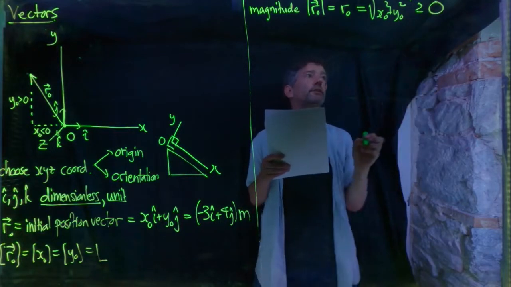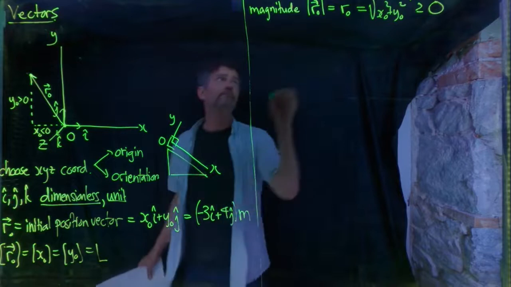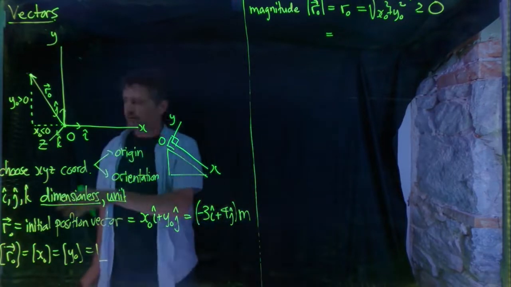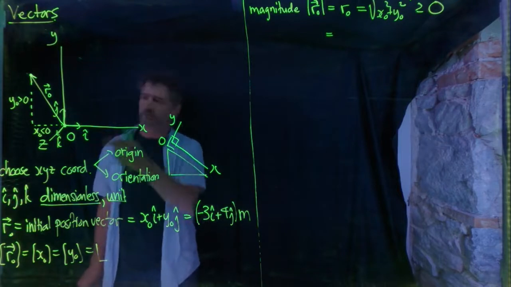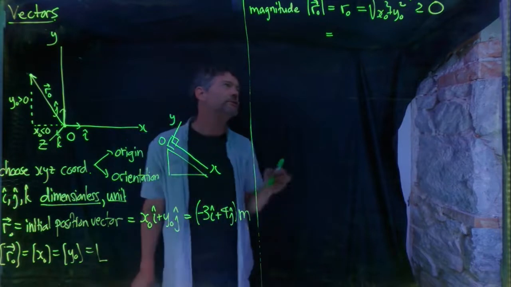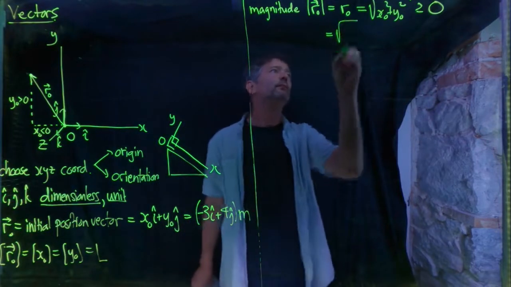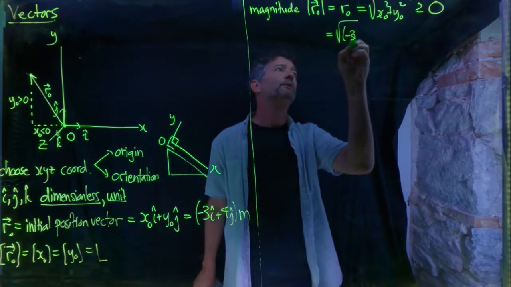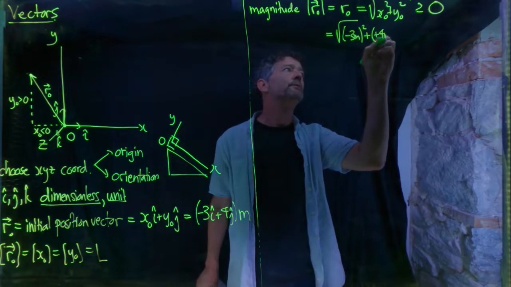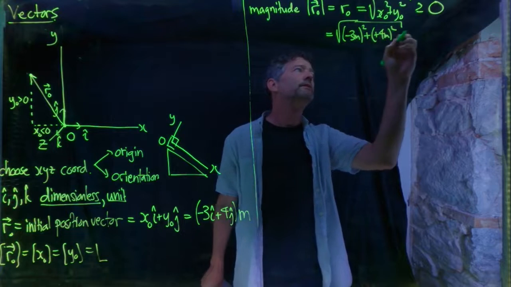And in this particular case, let's actually just work it out. The initial position vector is negative 3 meters in the x direction and positive 4 meters in the y direction. And so when we work out the magnitude, we will have negative 3 meters for x0 squared plus positive 4 meters squared, and then take the square root.